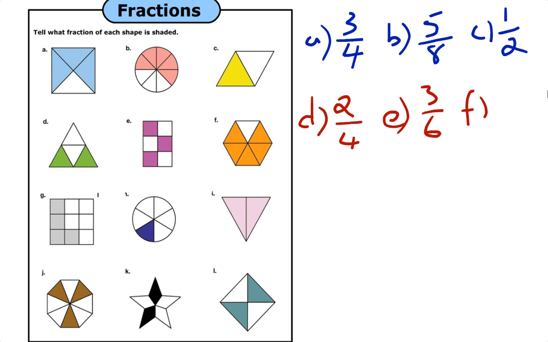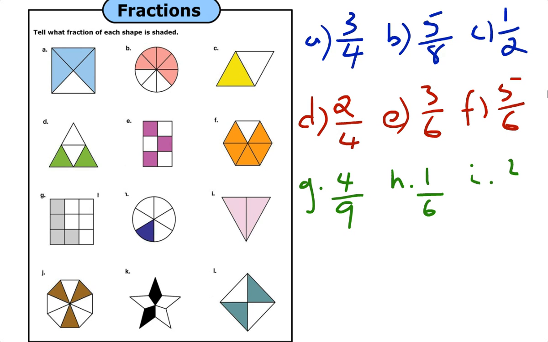So for part F we have 5 out of 6. For part G we have 4 out of 9. For part H we have 1 out of 6. For part I we have 2 out of 2, which, as we just pointed out on the last screen, is a whole.